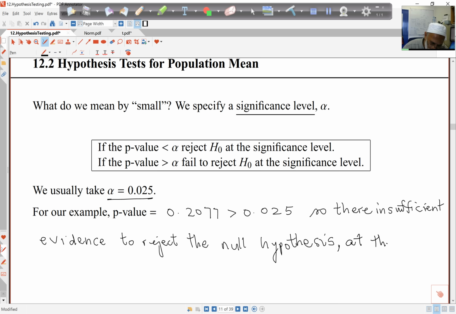And usually we'll quote the level of significance. So that's our statement of the hypothesis test.